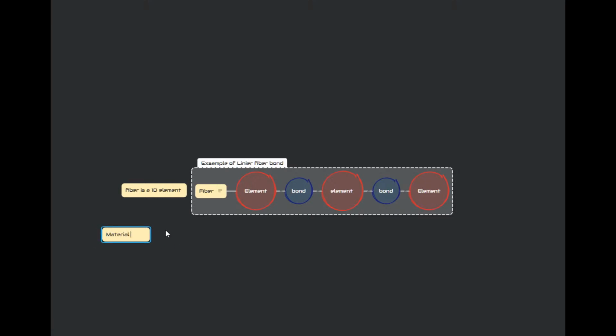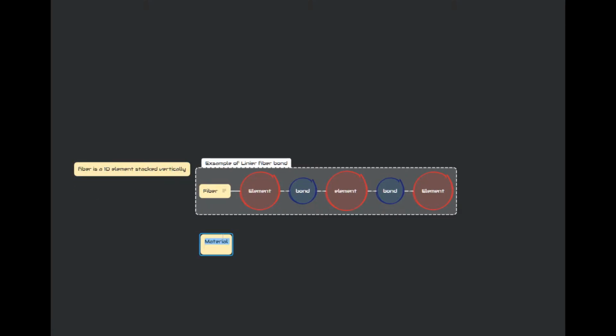So material. Okay, so materials are packed when we make a material.